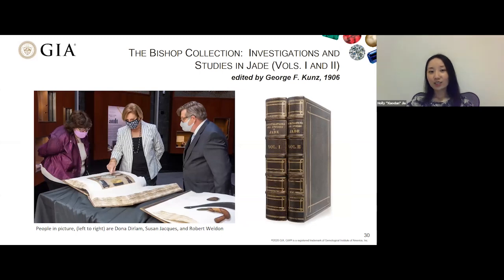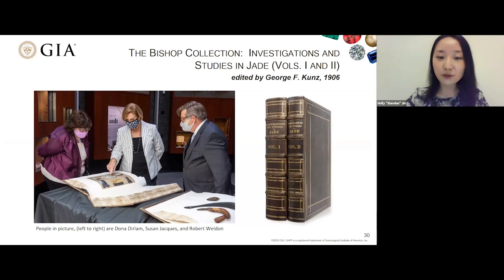Well, jadeite is such a special and sophisticated gemstone that our webinar today won't be able to cover all the information about it. So for some of you who may want to learn more about jadeite, I would like to introduce this fascinating new collection in GIA's Richard T. Liddicoat Gemological Library, and that is the Bishop Collection, Investigation and Studies in Jade by George Kunz.